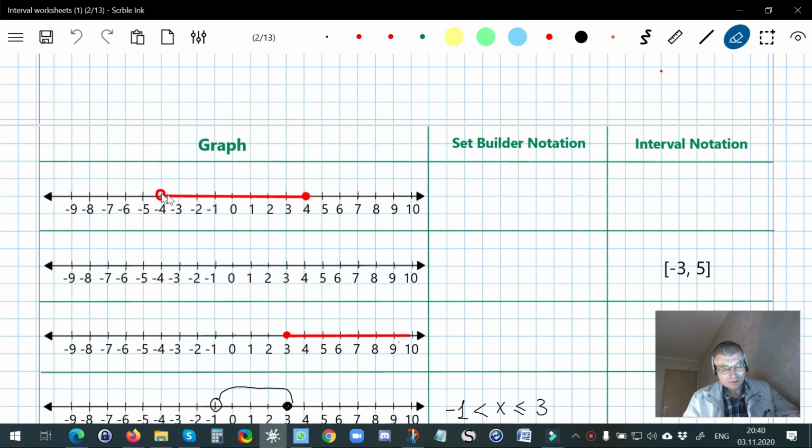of our intervals. The easiest and the most natural to our eye is, I think, graph representation, which directly shows you on the number line what is what.